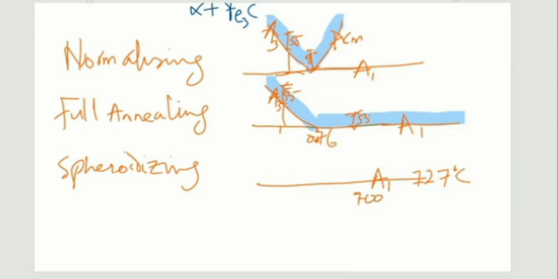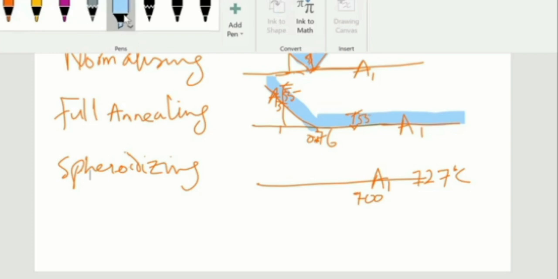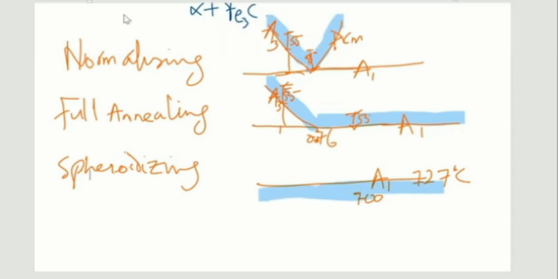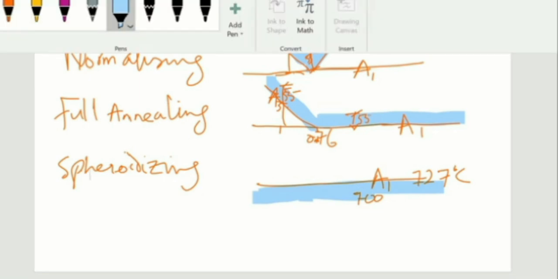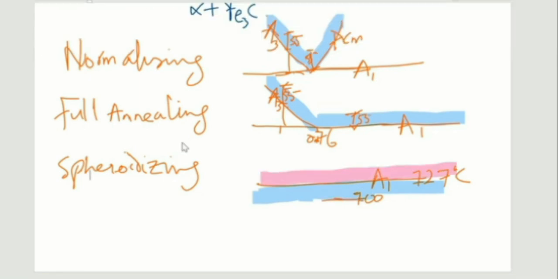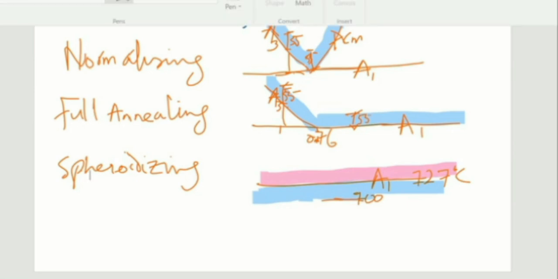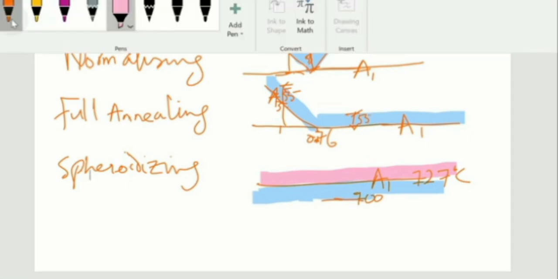Let's assume this is our 700 degrees mark, or heating above it, that's above the 727 eutectoid line, or alternately heating within a 50 degrees temperature interval.